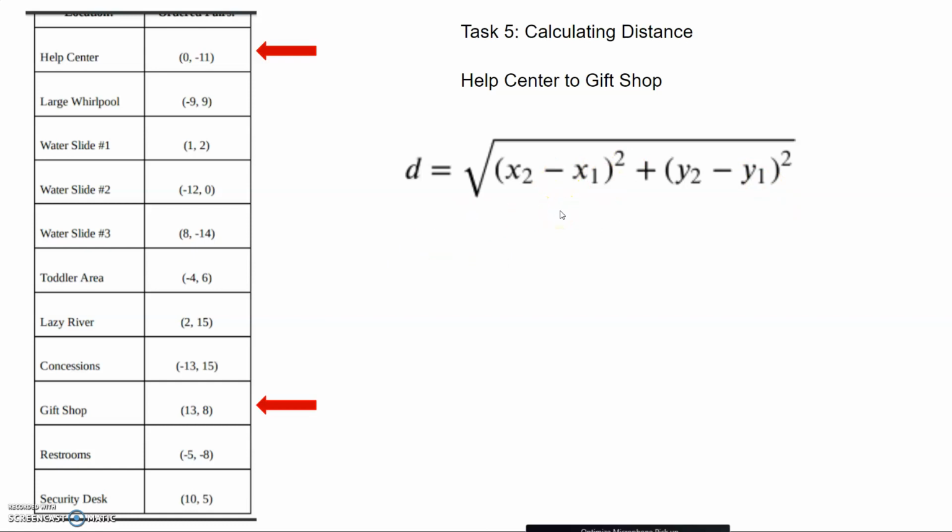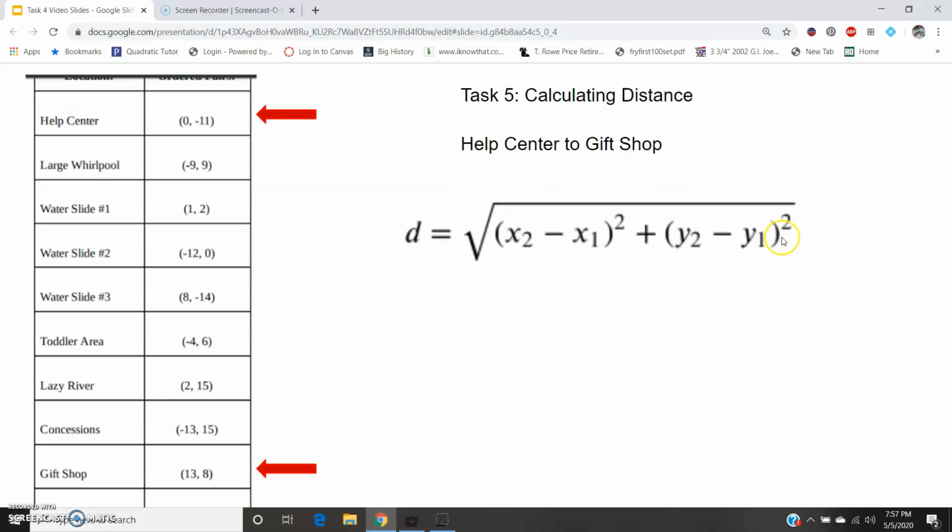Now, the reason I want to show you this with Equatio is because I got this formula right from Equatio, so it has everything typed in, and then we can just go through and change these really quick. So I'm going to do that right now.